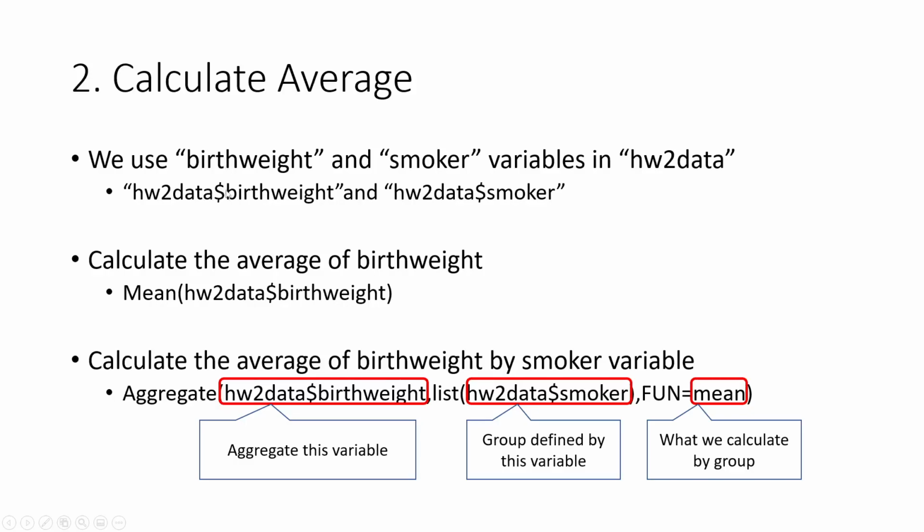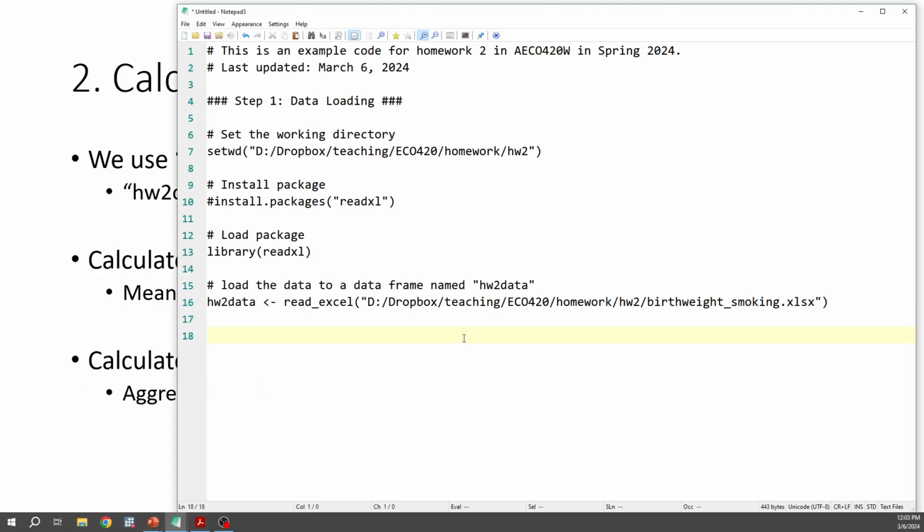The dollar mark will specify the variable from a certain data set, okay? And then, for example, calculating the average is pretty simple. Just use the mean command, mean of the variable, right? So I will write that in our text, right?